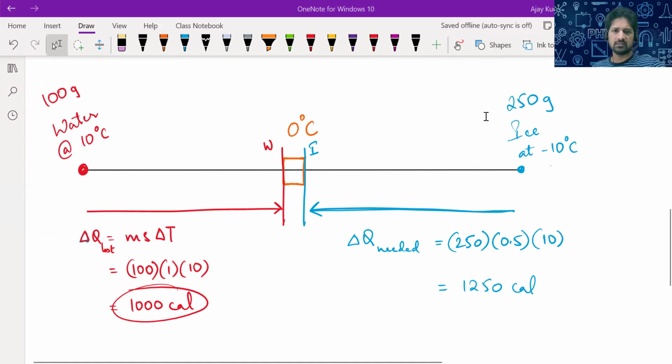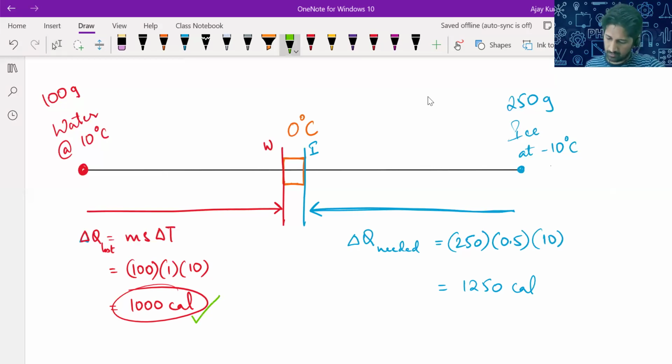Okay, I got two answers: water coming to 0 degrees will complete. Yes. Water will be releasing heat, ice will be absorbing heat. But as water releases 1000 calories, it comes to zero. By the time ice gets 1000 calories, it will not have come to zero yet, because ice requires 1250 calories. So this stage is going to complete.